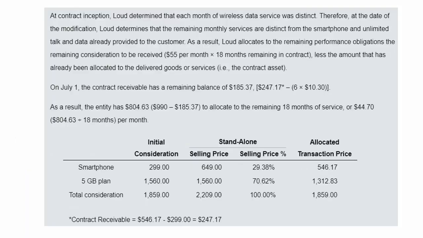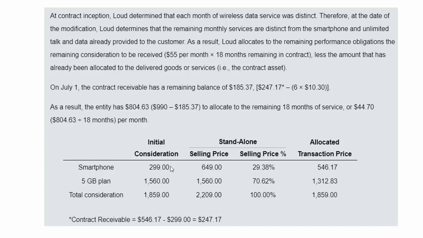Okay, now you see the data in front of you to perform the analysis to come up with the answer of how much do we allocate per month. It comes out to be $44.70, but you have to follow through the logic here. 55 times 18 is 990. Okay, that's the new amount we're recognizing.